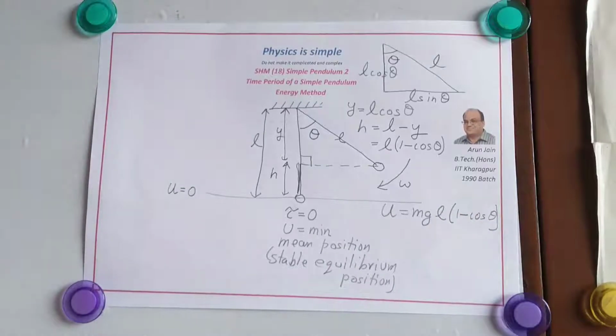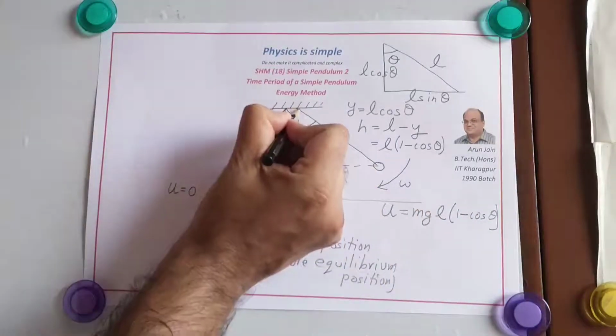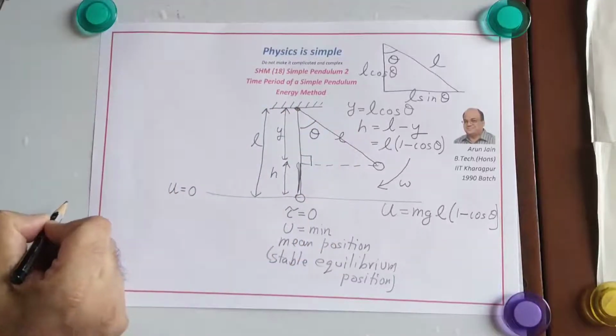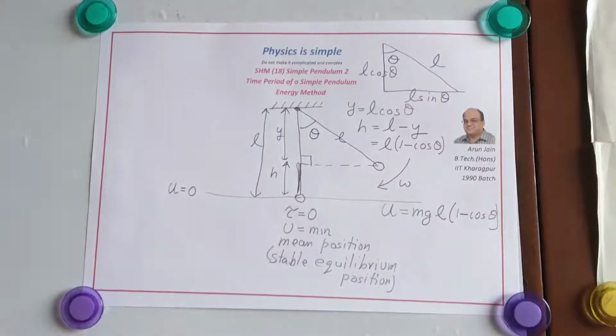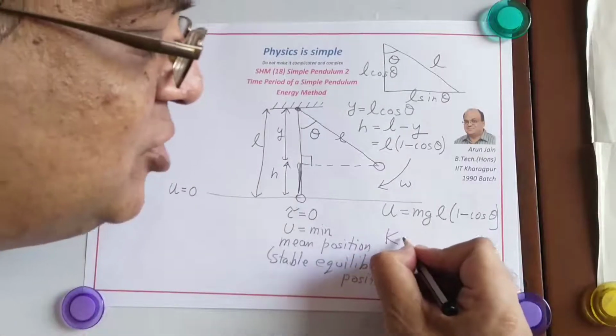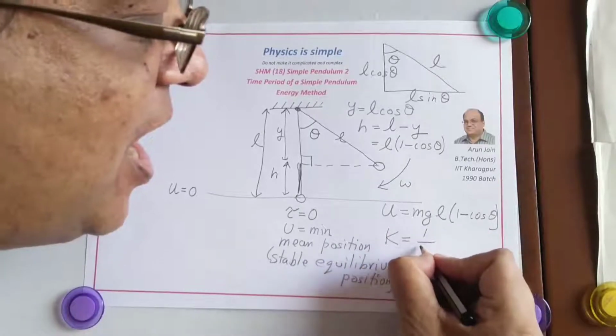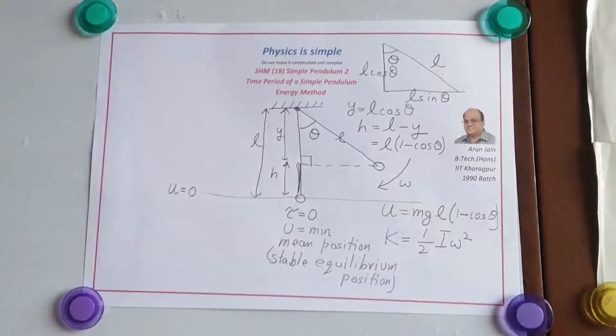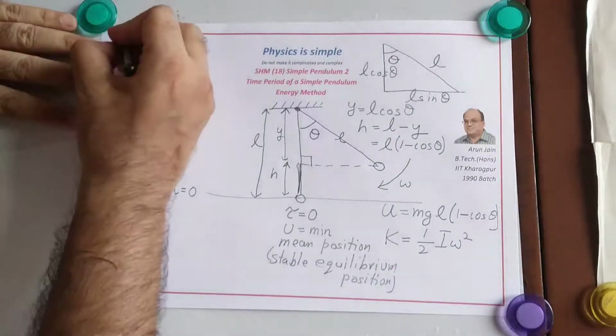This bob is in pure rotation about this axis. Therefore its rotational kinetic energy will be half I omega square. So the kinetic energy in this position is half I omega square. In SHM, total mechanical energy is constant.